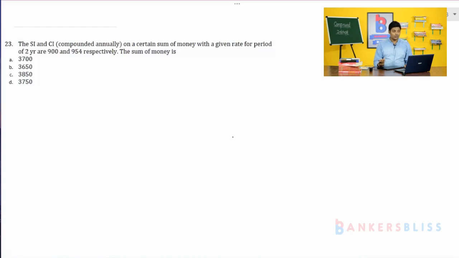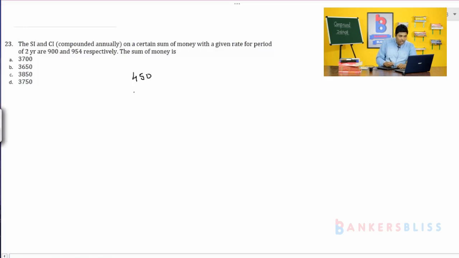Okay, so you can go with the rate of interest. The rate of interest we can easily calculate. 900 means 450 for the first year and 450 for the second year under simple interest. Under compound interest, 450 for the first year, and in the second year you are going to get 450 plus an extra amount.